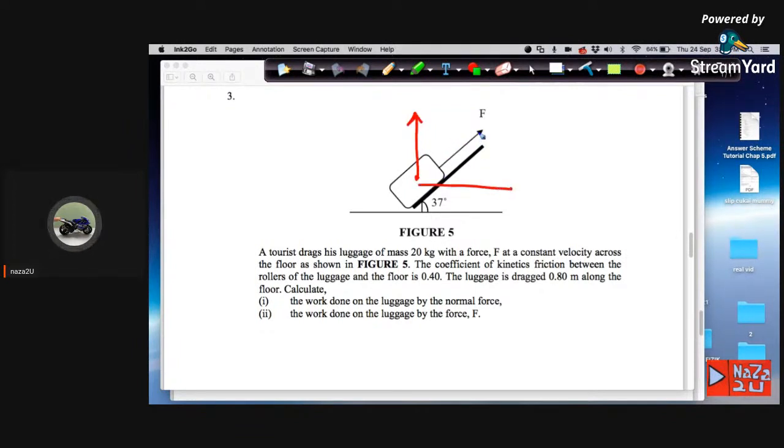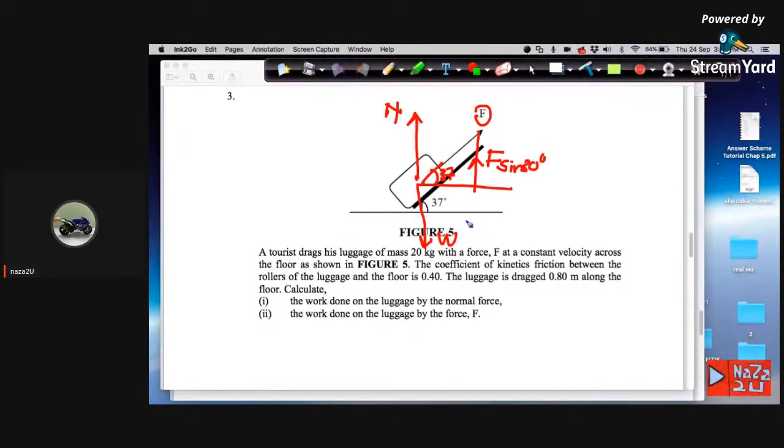Kalau kita buat segitiga kat sini untuk force ini, ada lagi satu daya yang kat sini disebabkan oleh force ini. Iaitu kat sini kita pakai angle 37, dia opposite. Kita ambil force kat sini adalah F sin 37, opposite direction. So dia sama arah dengan N, dan yang ke bawah kita ada weight force sahaja kat sini.